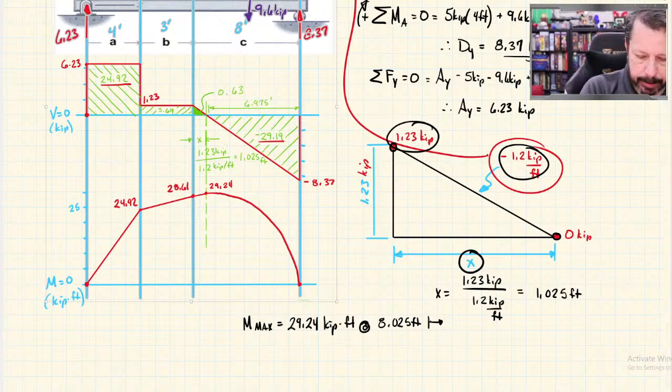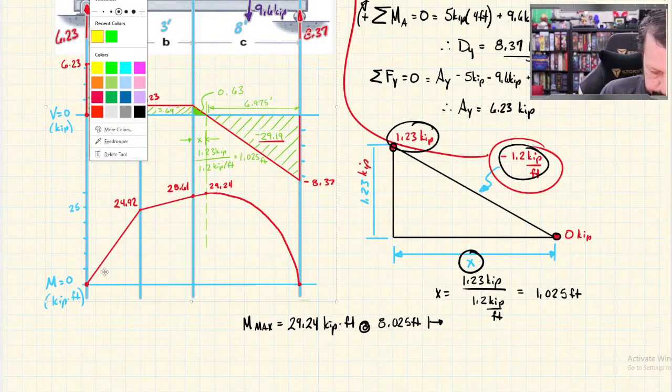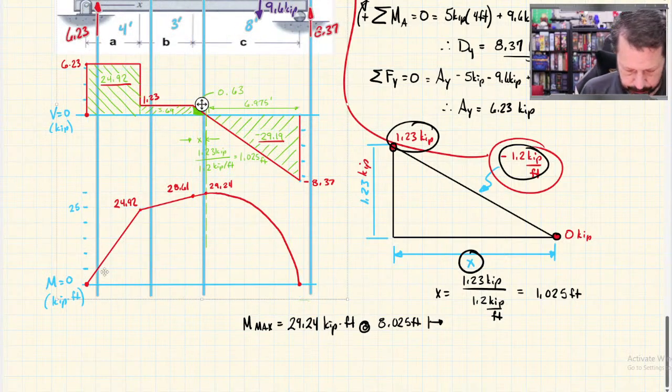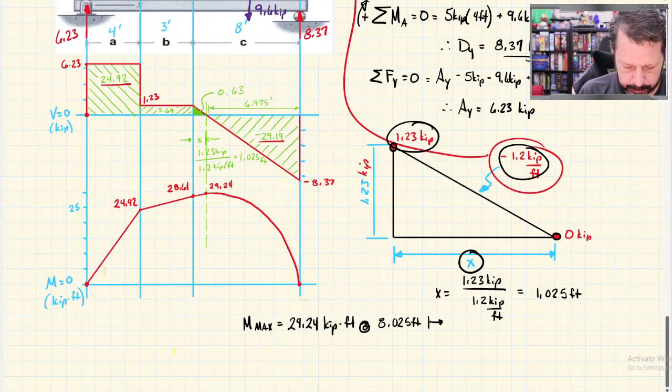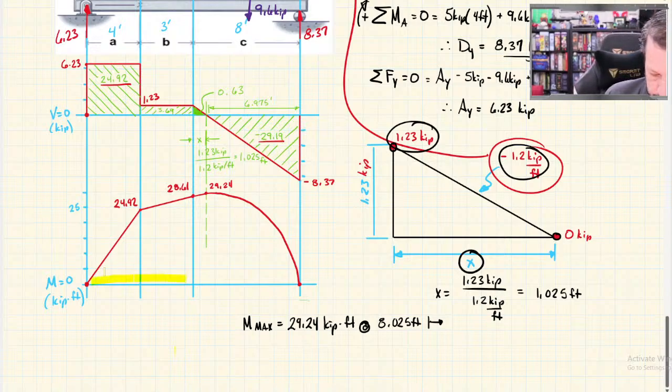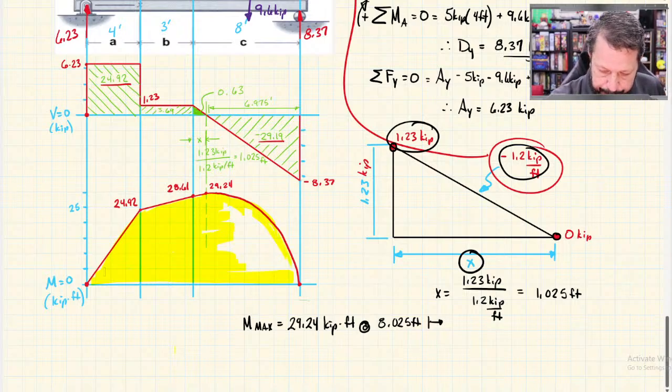Let's see. So the area, we'll draw it yellow, I guess. Whoa, didn't want to do that. There we go. So all of this is the area under the bending moment diagram. And normally you're looking for the maximum one, which is what we found at 29.24 being the maximum.